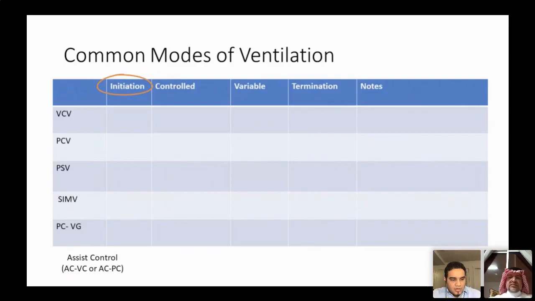The four parameters that correspond to the settings of different modes of ventilation are these. Question number one, how is the breath triggered? Question number two, what is controlled during the breath? Number three, what is allowed to vary during the breath? And the last is how the breath is terminated.